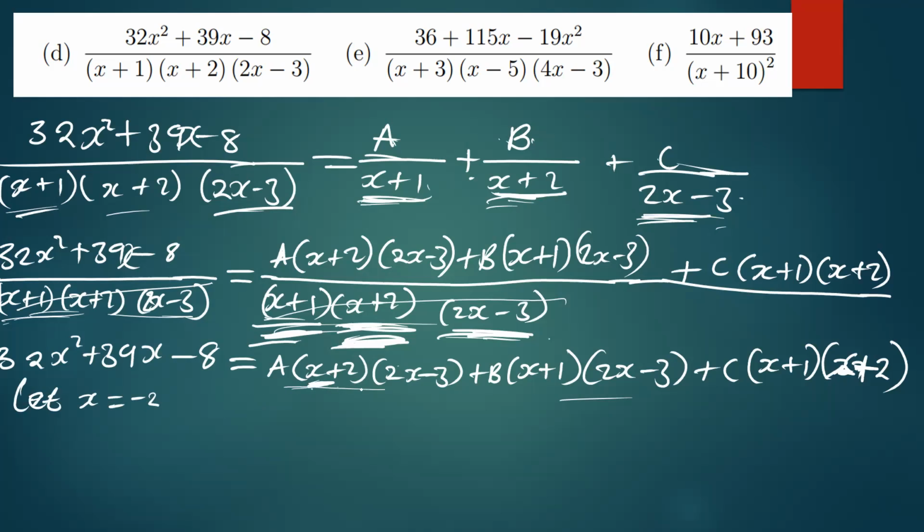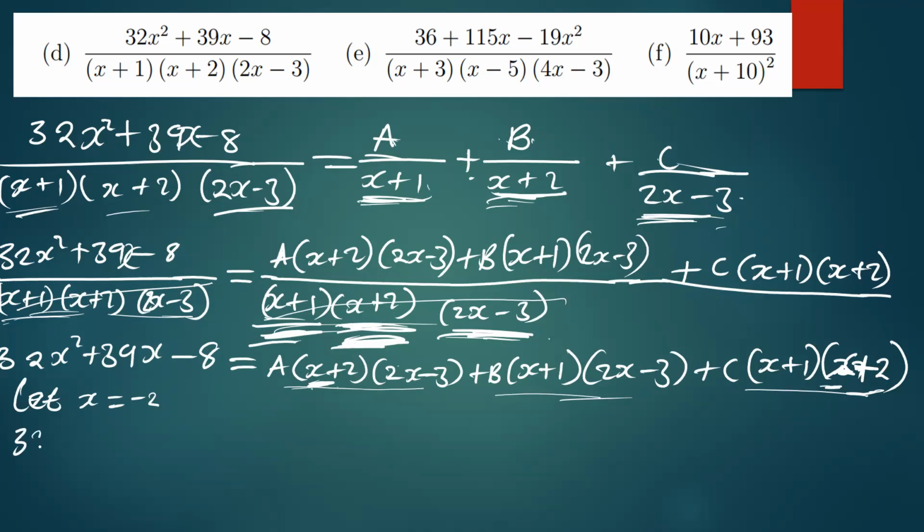So 0 times everything here, this will be a 0. If I also put -2 there, where there's x, this part will also be a 0. So I'm just going to remain with B, and it will be easier for me to find the value of B. So what you do now is we replace -2 in the whole expression.